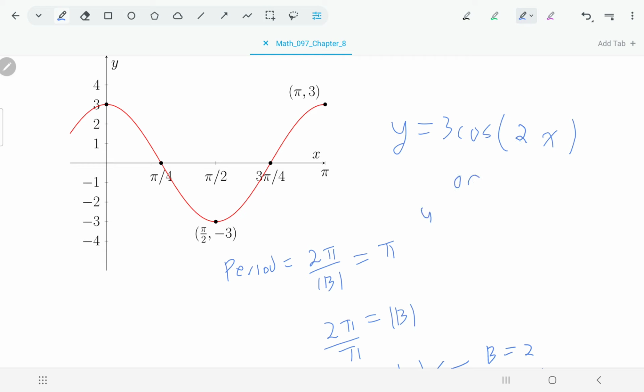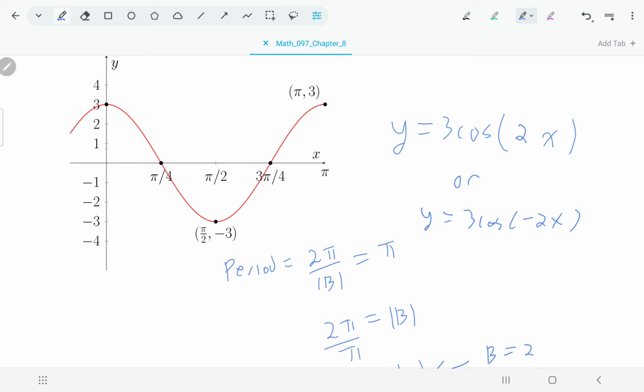Or you could say it's 3 times cosine of -2x. That would also have the same amplitude of 3. It would also start at +3 and start heading down and then back up. And the -2x, that would mean that we'd have a stretch and also a flip horizontally.